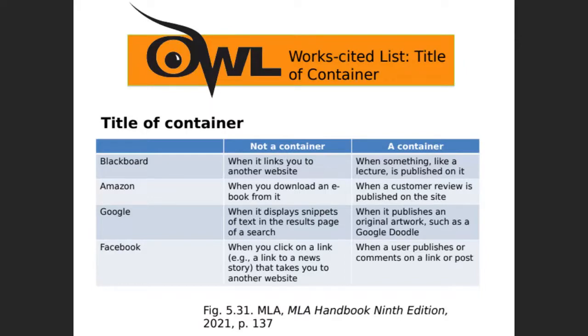For Google, when it displays snippets of text in the results page of a search, not a container. But when it publishes an original artwork such as a Google Doodle, and there are different forms that Google has created, that is. And then Facebook, when you click on a link to news that takes you to another website, not a container, but when a user publishes or comments on a link or post, that is a container.